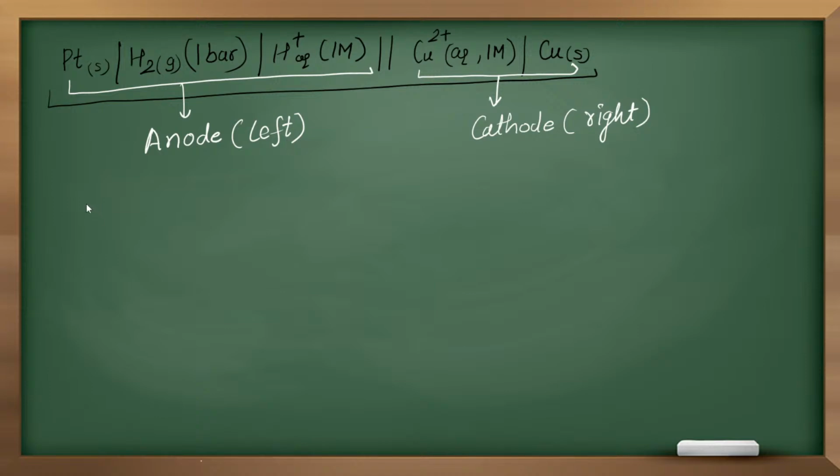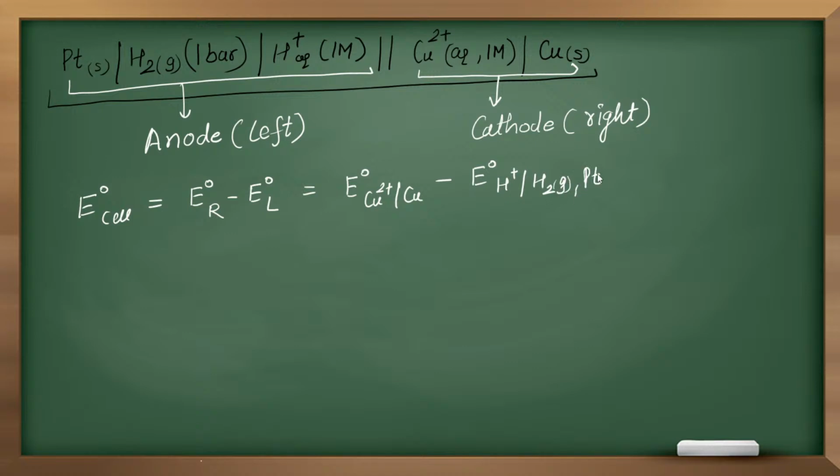Okay, so E naught cell is equal to E naught right minus E naught left, and right is E naught Cu 2 plus Cu, minus E naught H plus H2 Pt.